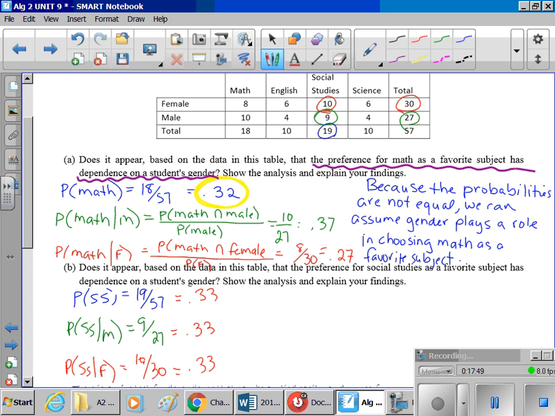So what do these calculations tell you about the impact of gender on liking social studies?